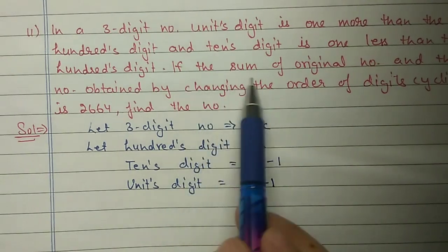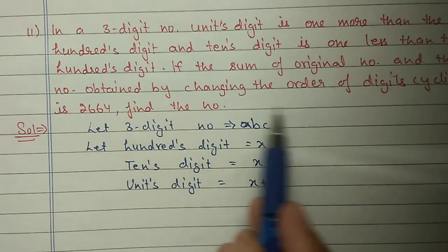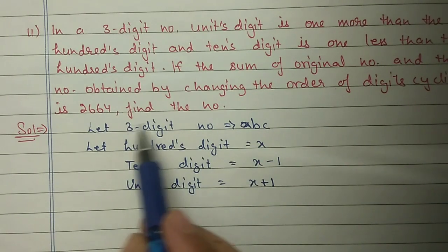Now next thing they have given: the sum of the original number and the numbers obtained by changing the order of digits cyclically is 2664.